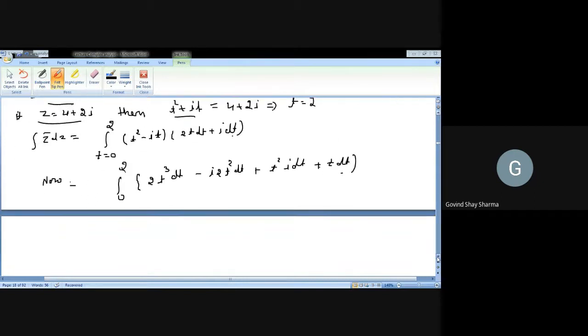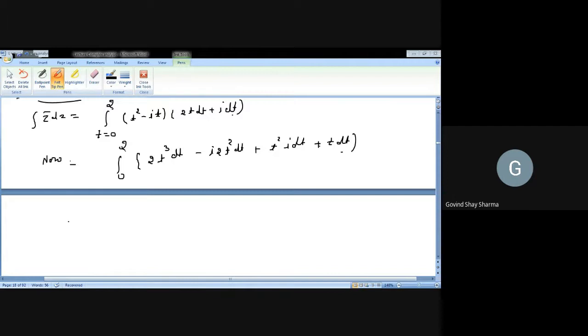Now integration: 2 t to the 4 by 4, minus 2 iota t cube by 3, plus iota t cube by 3, plus t square by 2.